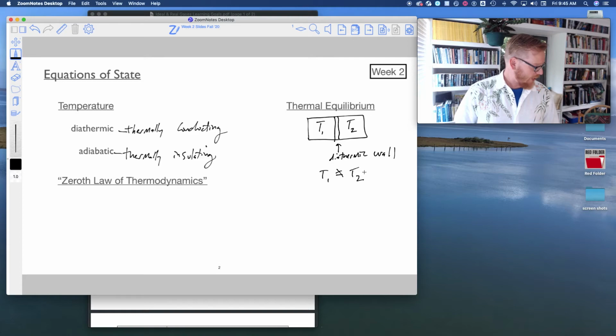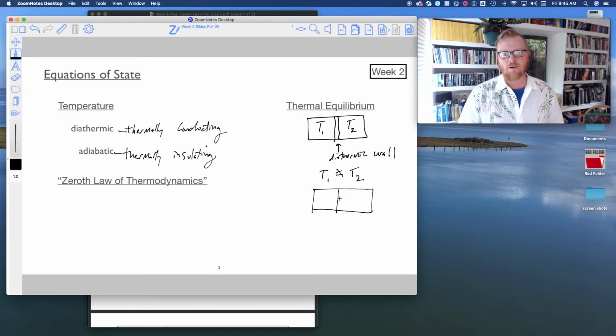If T1 is greater than T2, then heat will flow from T1 to T2, so T1 will become a lower temperature and T2 will become a higher temperature.